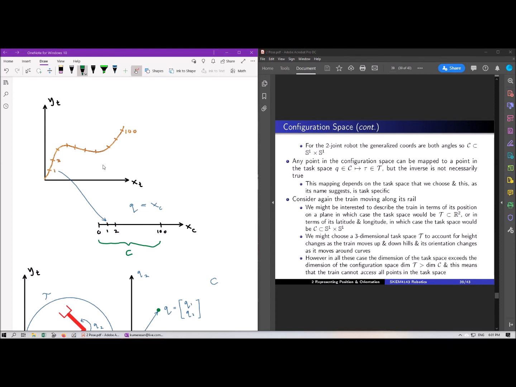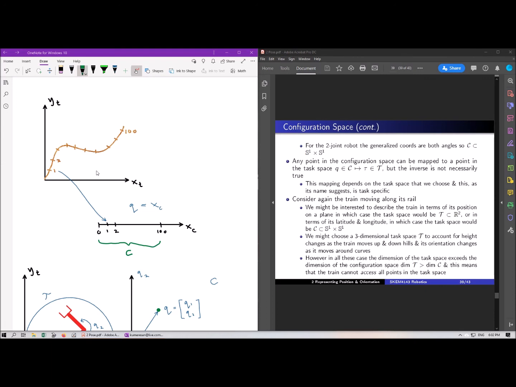But any point on my task space not necessarily can be mapped to here. For example, if I take a point here, can I map it to configuration space? Yes, right? From here we go here. There's a mapping. There's a mathematical relationship, right? We can always project one point to another point.